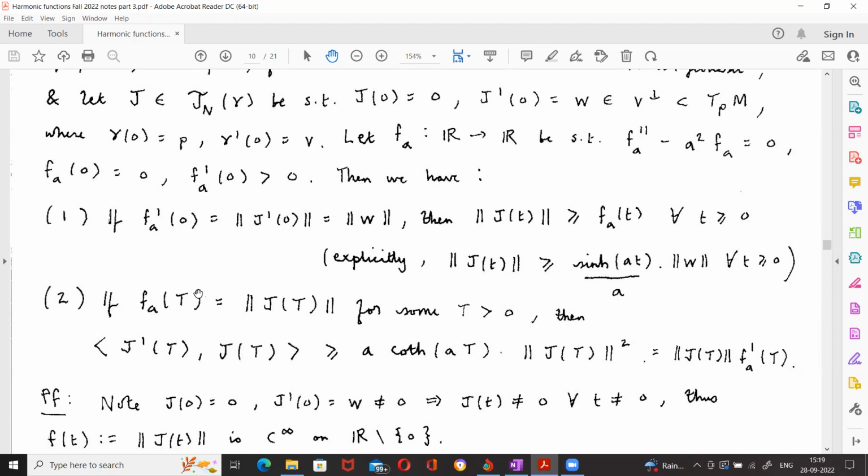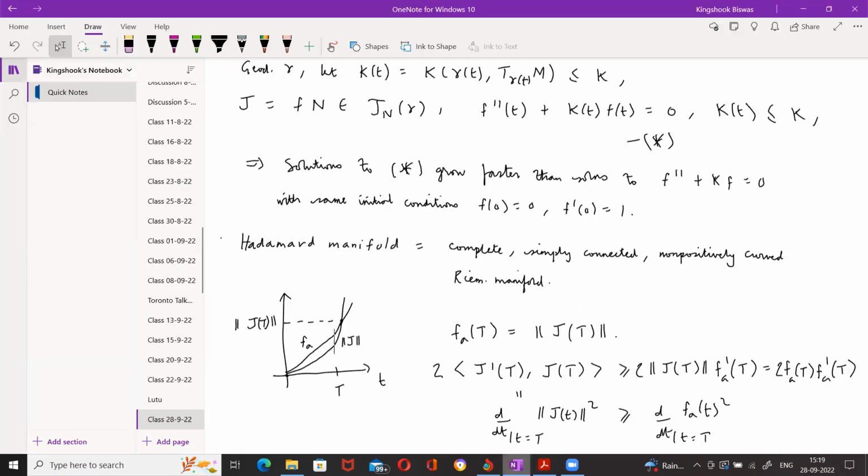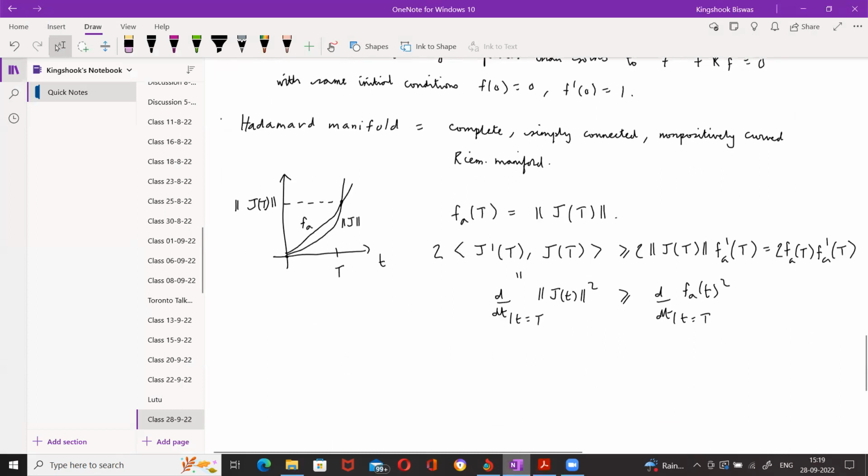Okay, so in part 1 maybe the picture is different. In part 1 the picture is basically I have my two convex functions. So maybe I should write this is the picture for part 2, and the picture for part 1 is that they have the same slope at time 0.